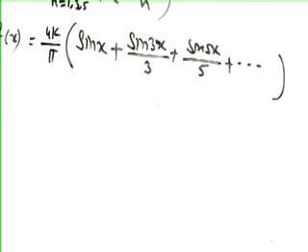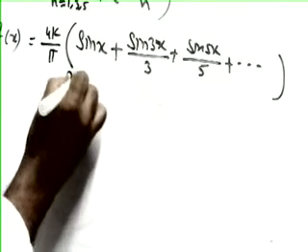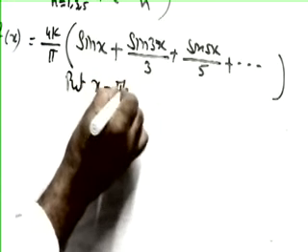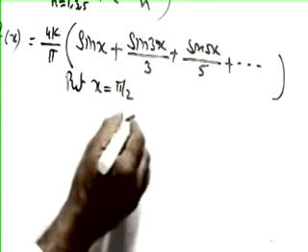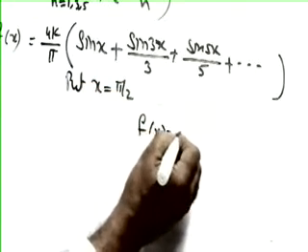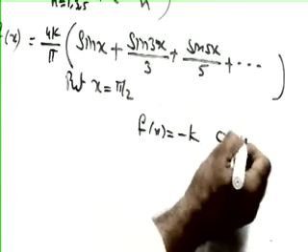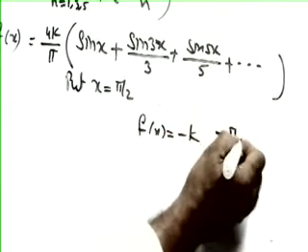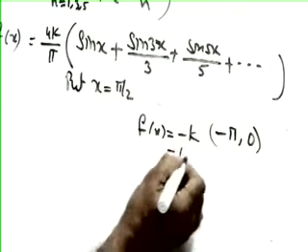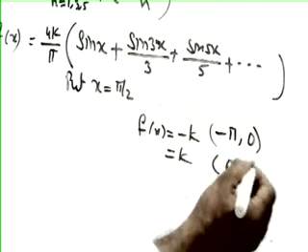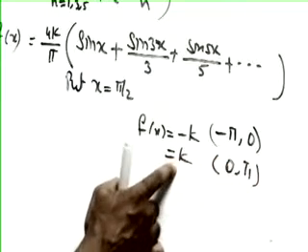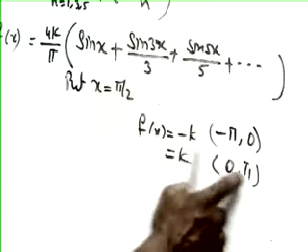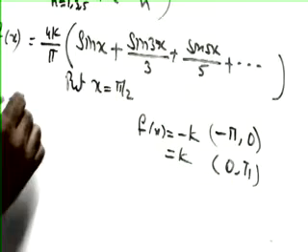So to get this, we have to keep x equals pi by 2. Put x equals 90 means pi by 2. So x equals pi by 2 means f of x equals minus k between minus pi and 0, and k for 0 to pi. We have to take k here because pi by 2 lies between 0 and pi.